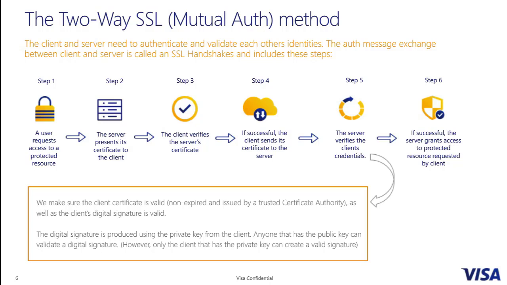Once we've gone through this entire handshake process, if both parties are who they say they are, both parties are authenticated successfully, then the server will grant access to the client. So the client can access it successfully. All right.